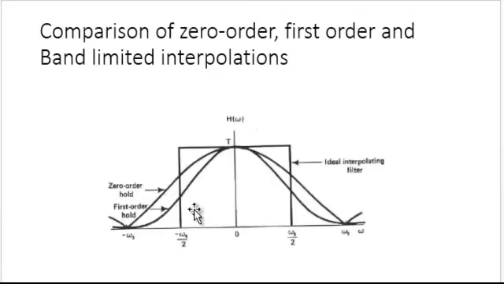Then coming to the frequency representation of all three. This is the representation for the band limited ideal interpolation filter, this is with respect to zero order hold, and this is with respect to first order hold. Still more, you can have the second order hold, which will give still more curving.